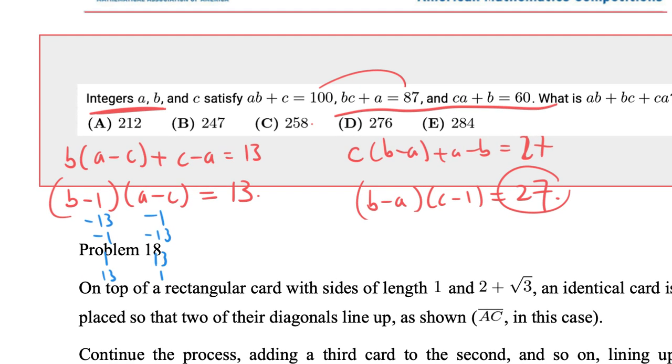So zooming in, for this case, b is equal to negative 12. Then CA is 72 from this one. So like this one we can keep deriving about CA. And A minus C is equal to negative 1.